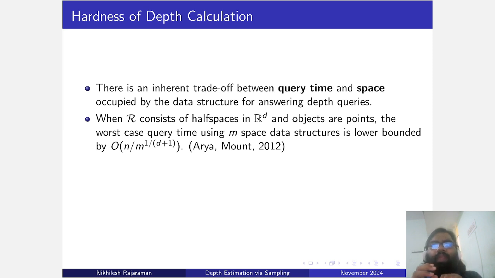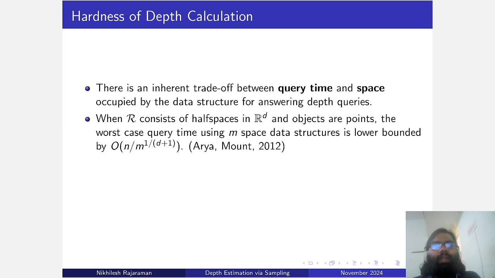In fact, we have this result by Sunil Arya and David Mount that says that if we're allowed to use m space in total, then the lower bound on the query time that we have to incur is at least n divided by n to the power of 1 by d plus 1, where d is again the dimension we work in. And this falls under the real RAM computation model, so we don't really count the individual bit manipulation time complexity.